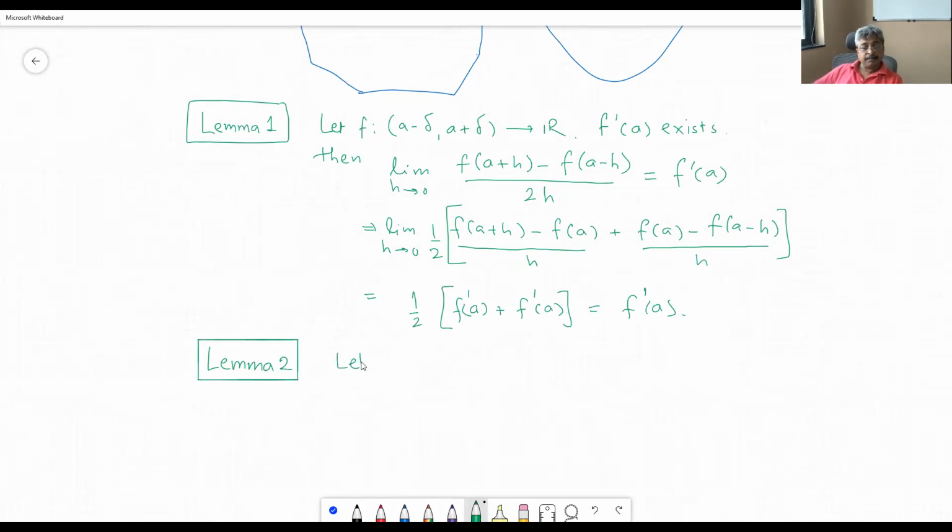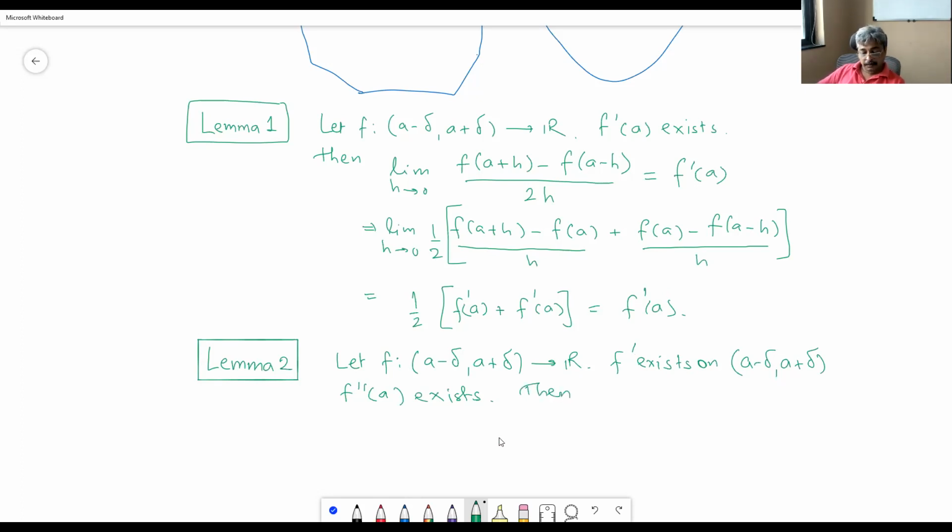Let f be defined from (a minus delta, a plus delta) to R. f dash exists on (a minus delta, a plus delta). f double dash exists at a.